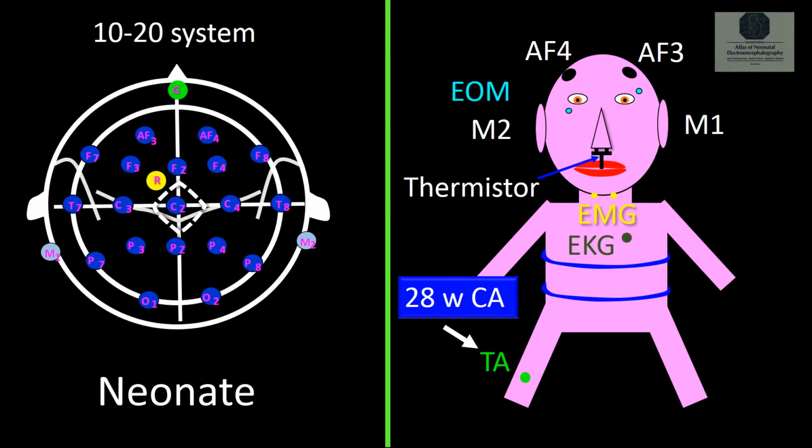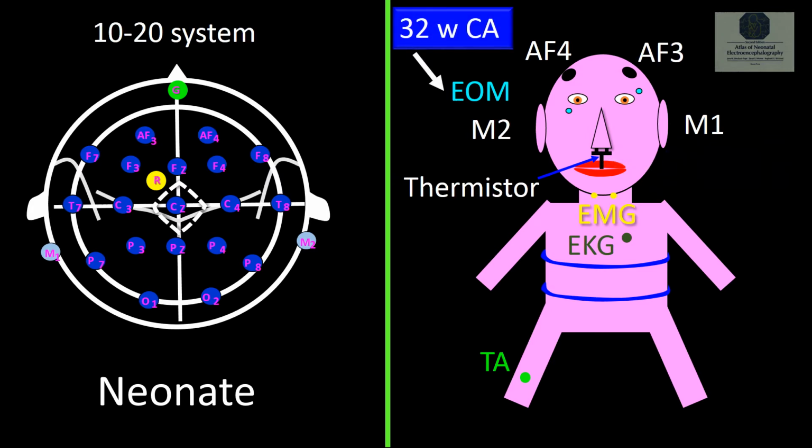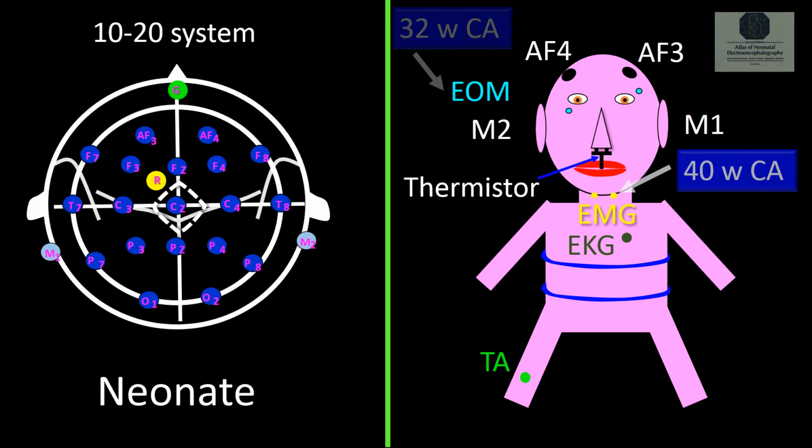Limb movements become reliable to distinguish active and quiet sleep after 28 weeks conceptual age. Nasal flow after 31 weeks. Extraocular movements at 32 weeks. Chin EMG becomes reliable at 40 weeks conceptual age.